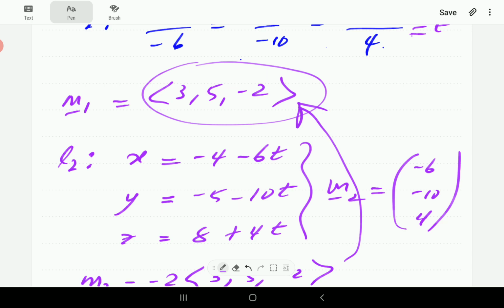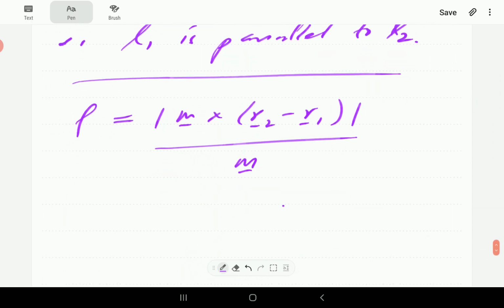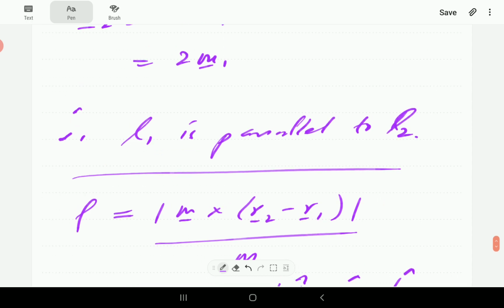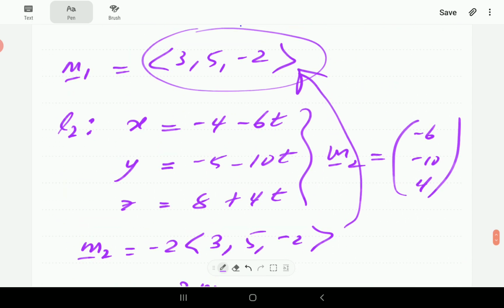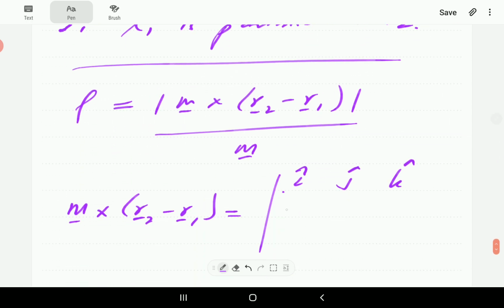Yeah, so if we use that M, then M cross R2 minus R1 is going to be, so we're using this M. Which M are we using? 3, 5, minus 2. So we're going to plug in 3, 5, minus 2 here.